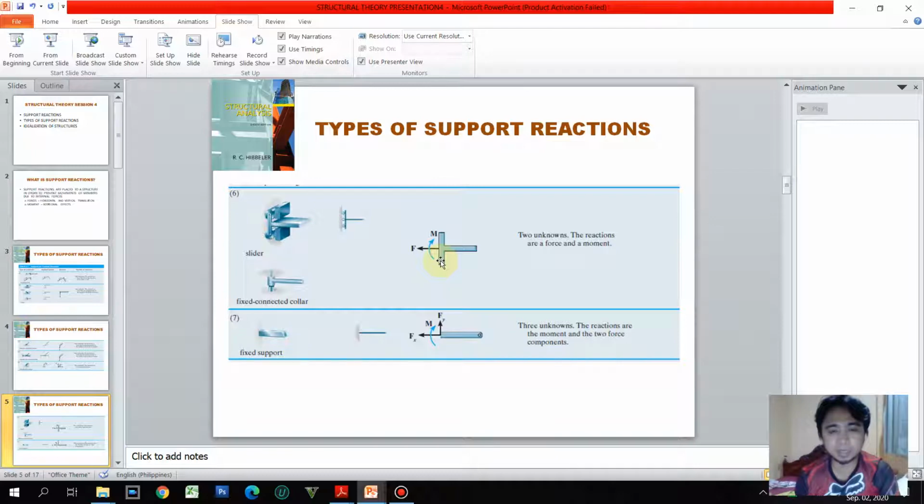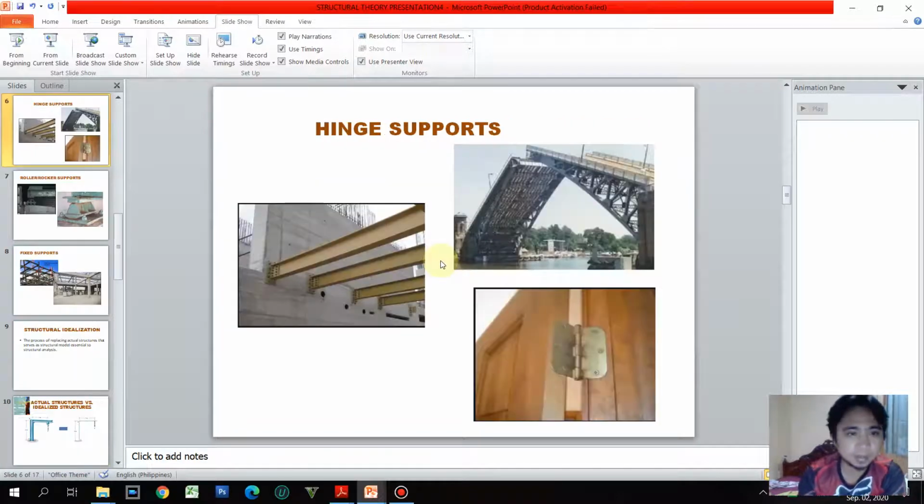So it does not allow any displacement or any rotation. So there are three unknowns, the reactions: the moment and the two force components.